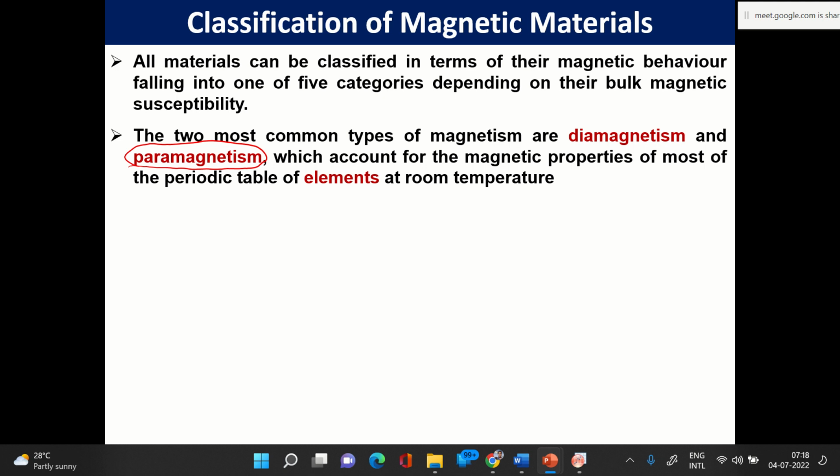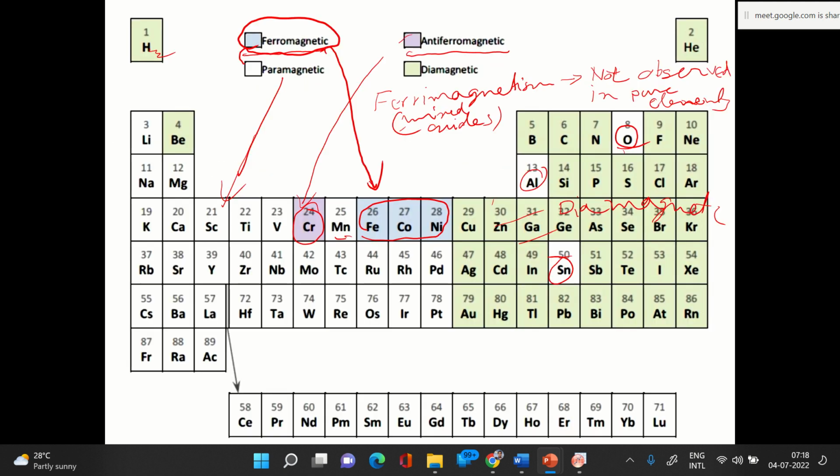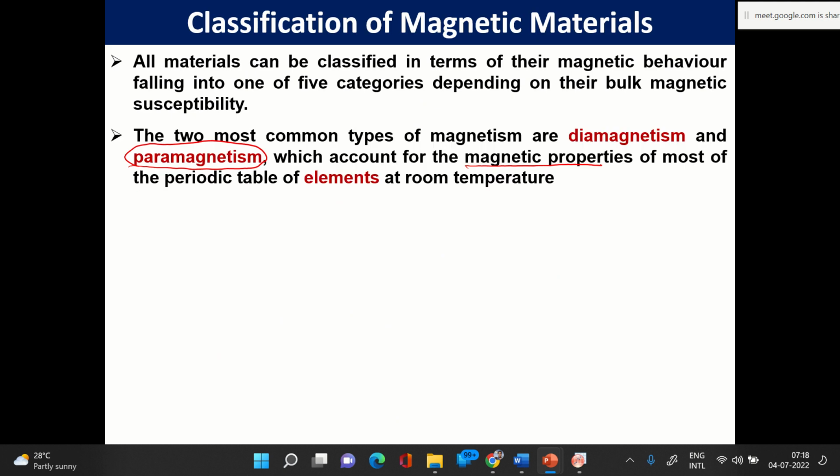So paramagnetism, as we saw, is a property that most of the elements in the periodic table have. Most of the elements are paramagnetic, and that is the most dominant feature of the periodic table in terms of magnetism.